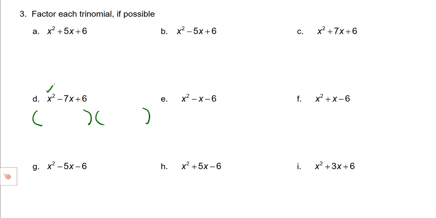Guaranteed, how do I make x squared? X and x. Okay, now for 6, I have 1 times 6 or 2 times 3, right? So what I want to do is I'm going to draw the loops now. And I'm going to visualize the numbers I'm trying.